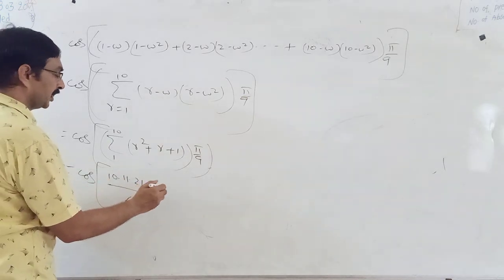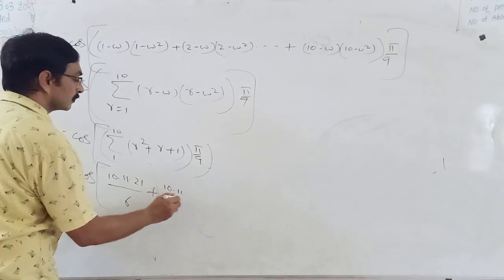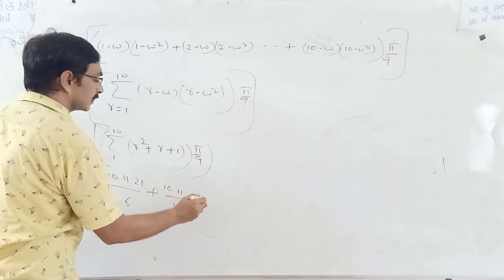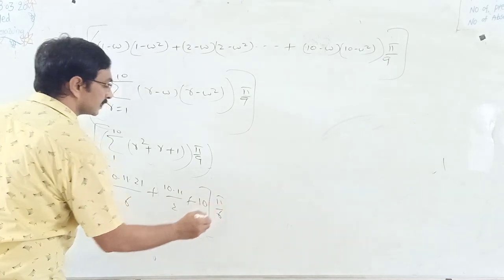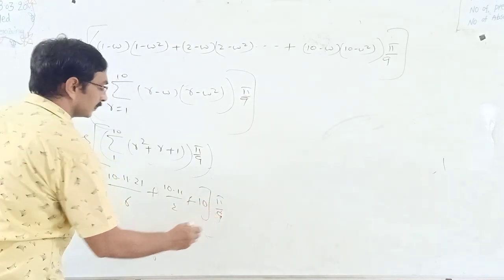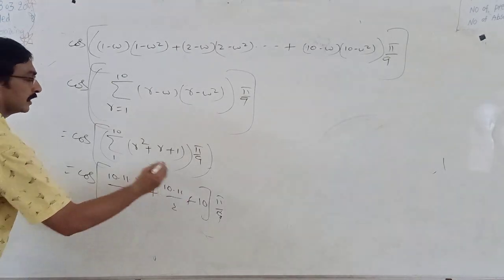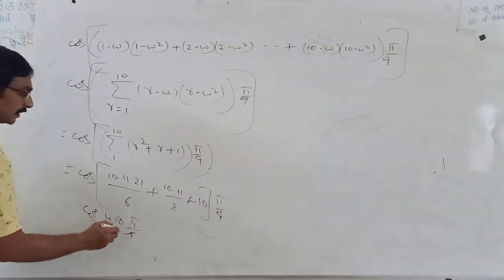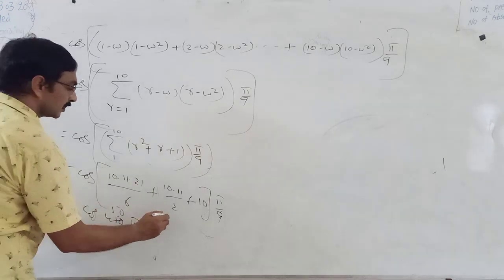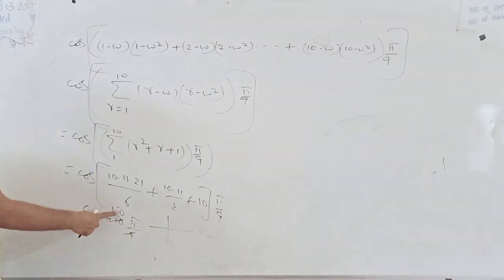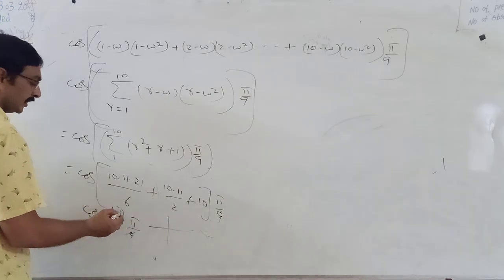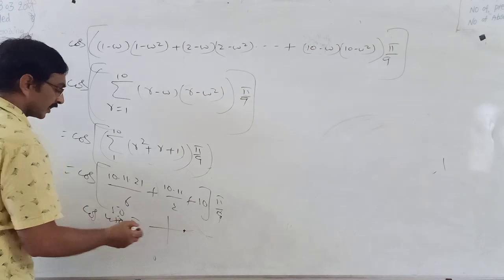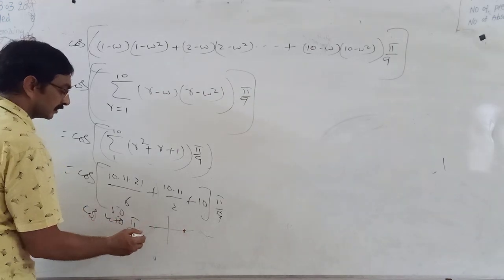The sigma r formula is n into (n plus 1) by 2. By simplifying, this is equal to 450, so 450 into pi by 9. 9 ones to 9 50s, so cos 50 pi. 50 is an even multiple of pi, so that angle is along the positive direction of the x-axis. Cos 50 pi is nothing but cos 0, whose value is 1.